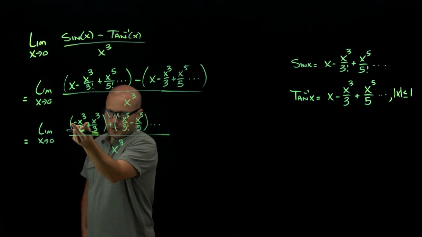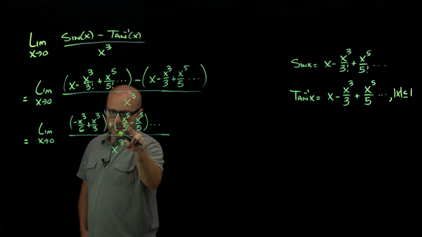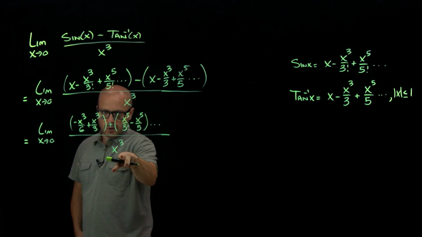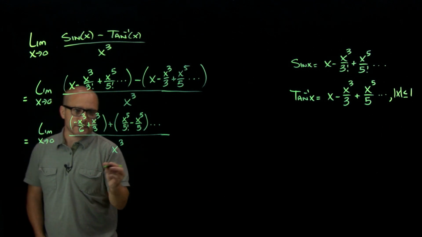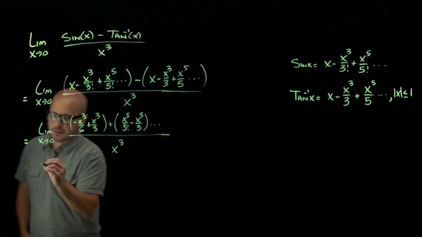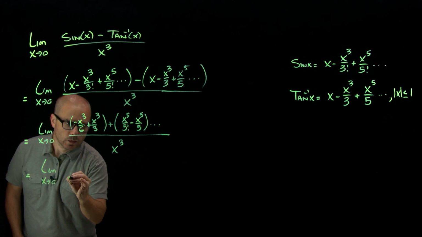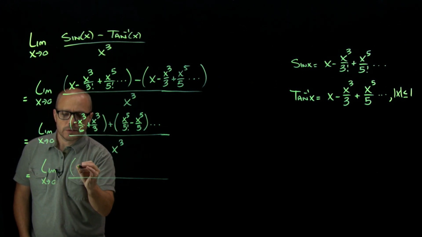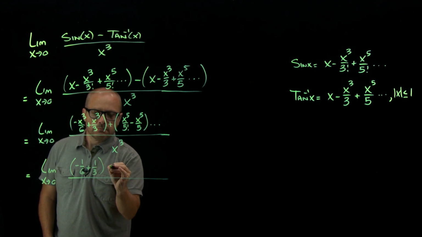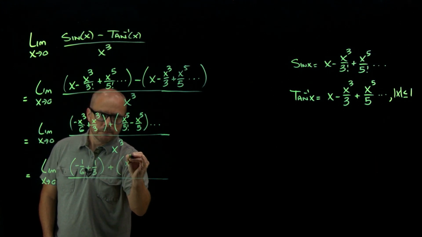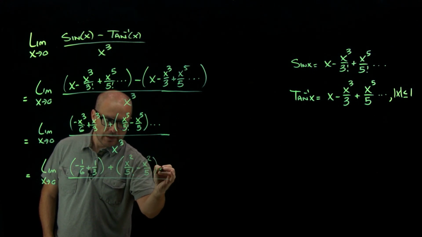Now, I want to cancel here. Notice that the lowest degree term here is x cubed. I could cancel x cubed through every one of these. It's going to lower all those by 3 degrees. And that's why series work really nice here, because once I do that, this becomes negative a 6th plus a 3rd plus x squared over 5 factorial minus x squared over 5, and so on.